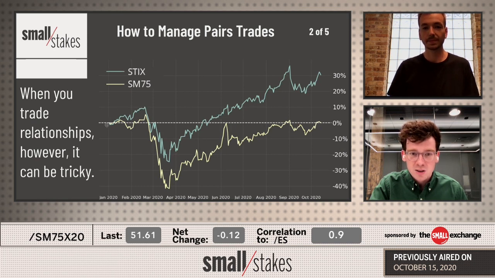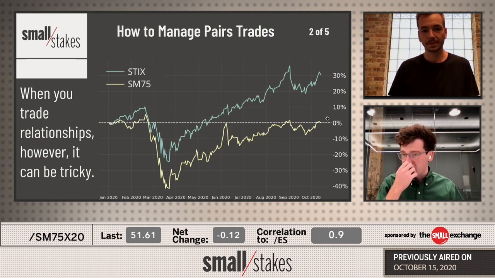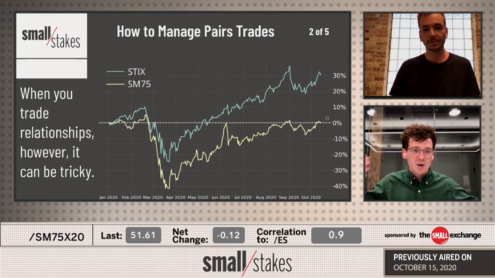And so you see here, that line would have been 0% here because there's no difference, but the difference grows to about 5-10% here in February. And then it starts to widen. And now the difference between these two is its own market. It's a relationship market that is a little bit trickier, like I put here. But at the end of the day, once you get over the hump, it's not that tricky anymore.